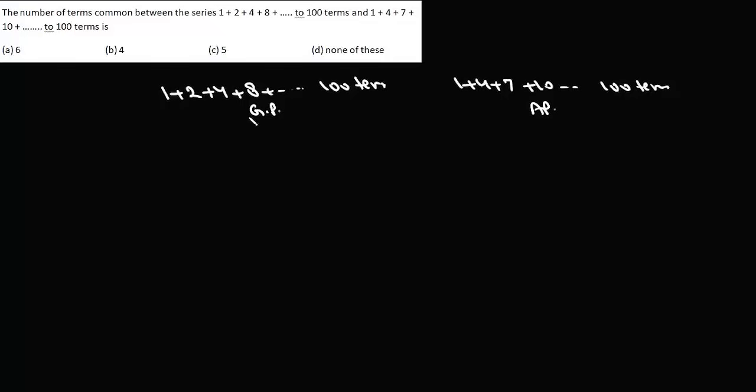Now if we write the general term of this GP, it will be 2 to the power of n minus 1 and it should be equal to the general term of this AP, which is 1 plus m minus 1 into d. So it will be this, 3m minus 2.